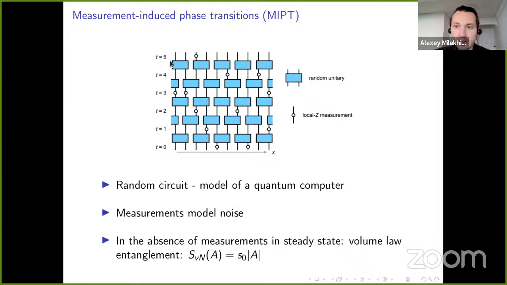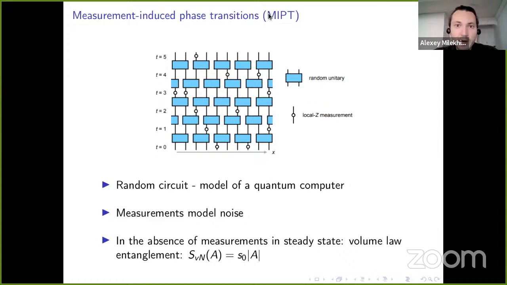So let's forget about measurement for a second, and let's study the steady state in the system. In the absence of measurements, so when these dots are absent, the steady state is very quantum, so it has lots of entanglement.